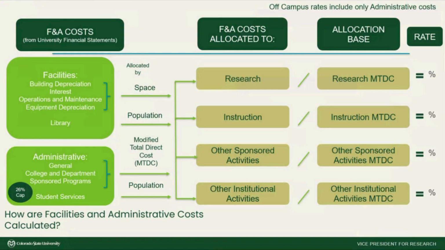So that's why they pull out equipment and they pull out, although I've never really understood the logic behind the subrecipient exclusion from MTDC. It doesn't cost any less to administer that subcontract because it's larger, and it often probably incurs more cost to administer something that's a larger cost and more complex.